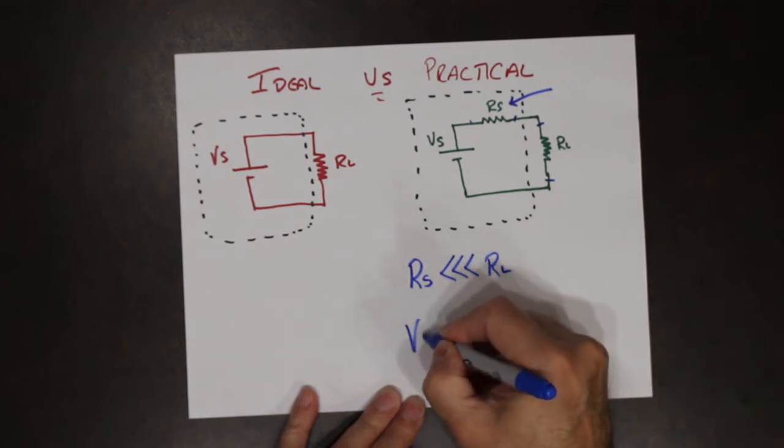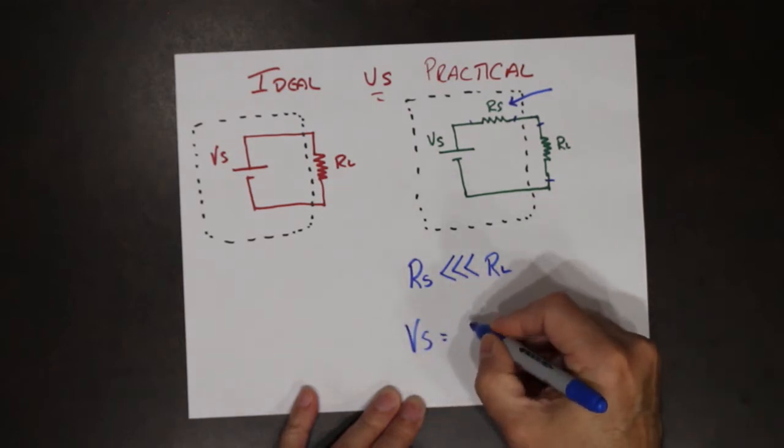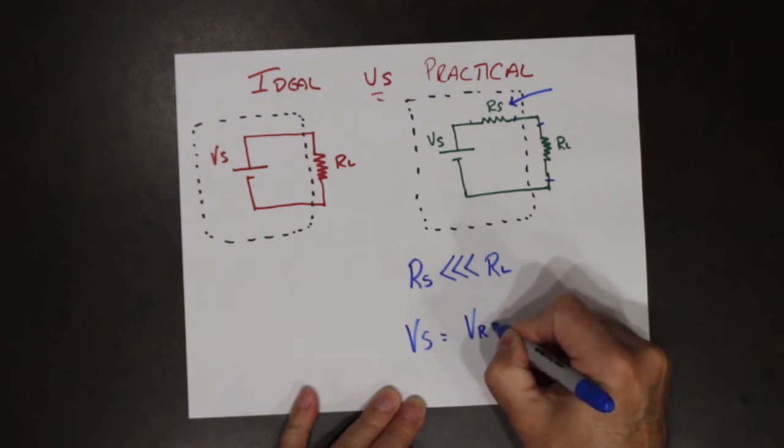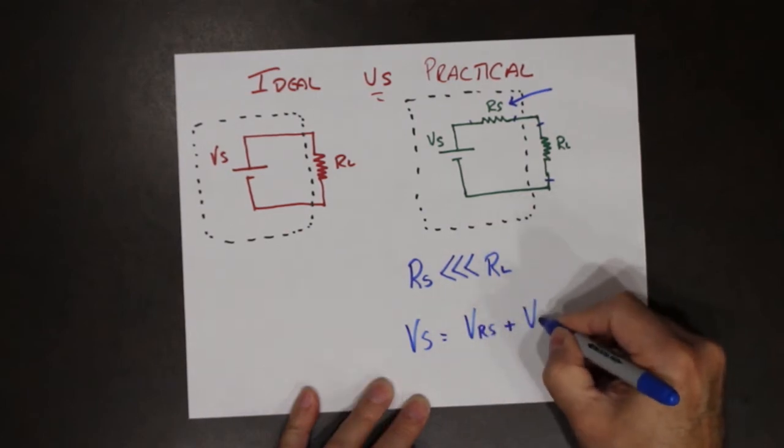So remember, Vs is equal to the voltage across RS plus the voltage across RL.